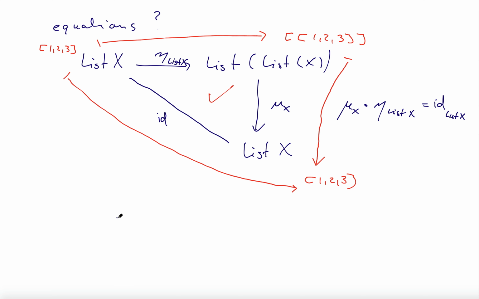So the eta is like the neutral element, and if I do a multiplication, that's the mu, with the neutral element, then I get x again. And the x here in our example would be the 1, 2, 3. So at the moment, this is just an analogy, but one can find a setup in which a monad is actually a monoid, and then this equation really becomes the ordinary monoid equation. But that's not the topic of this video.